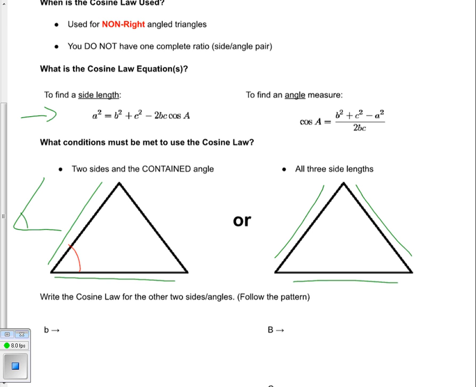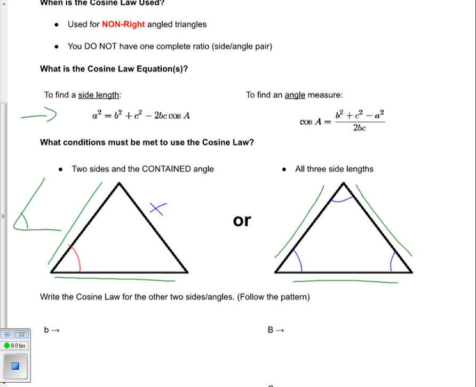So you need to have all three side lengths in order to be able to figure out an unknown angle. Okay, and so this will allow you to solve for x for side length, and this will allow you to solve for actually any one of the three inside angles.